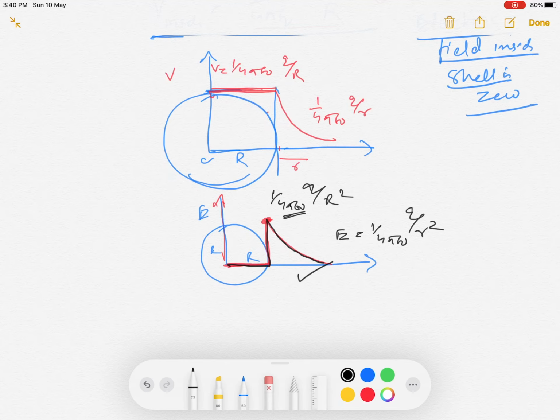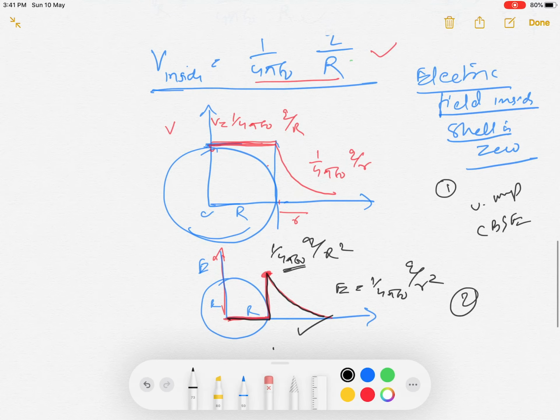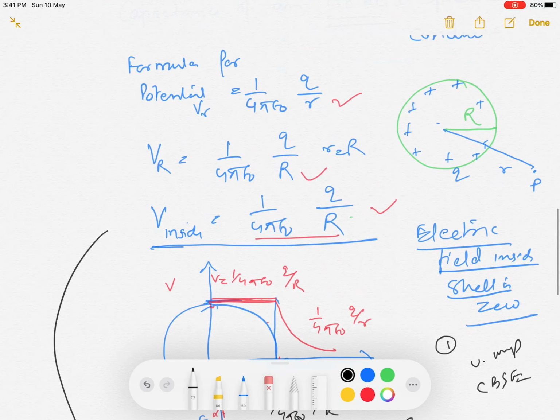So this is the graphical representation of electric field versus distance for a spherical conductor, and this is the graphical representation of potential versus distance of a spherical conductor. These two things were very important from the CBSE board examination. Okay, so again we will come back to our original topic.